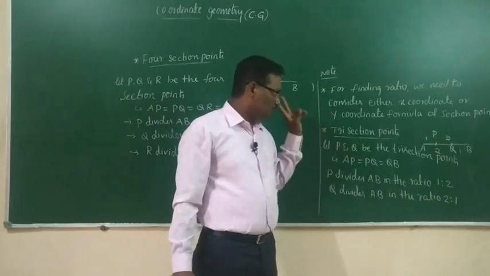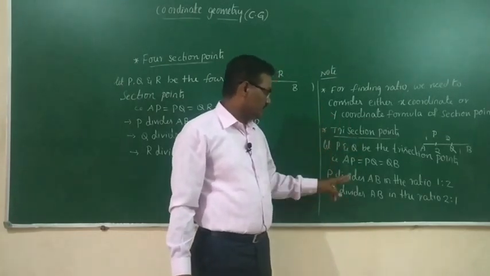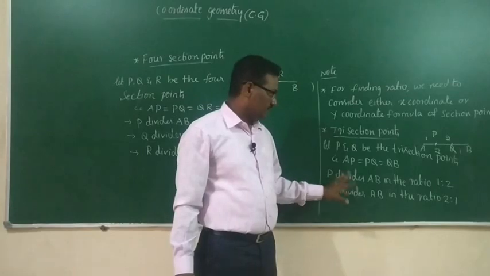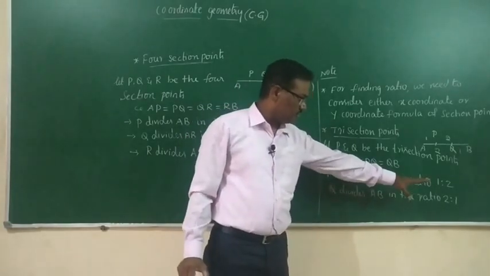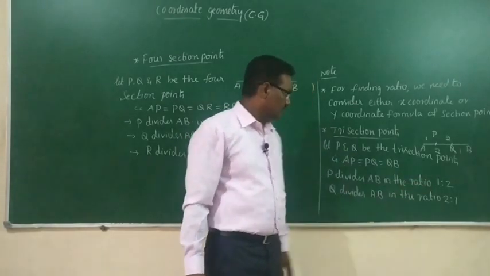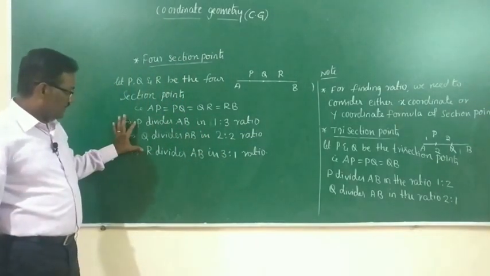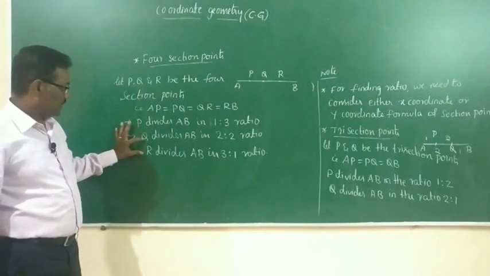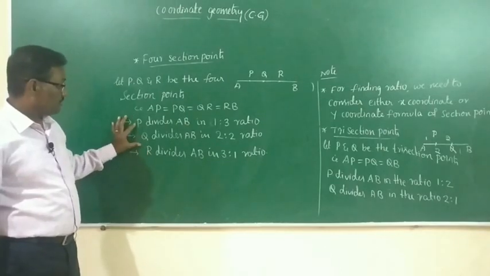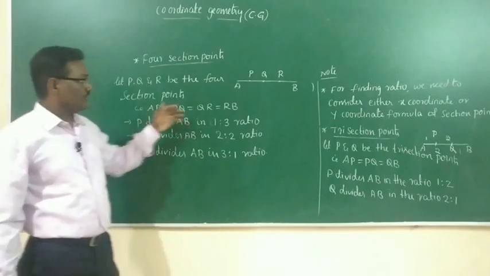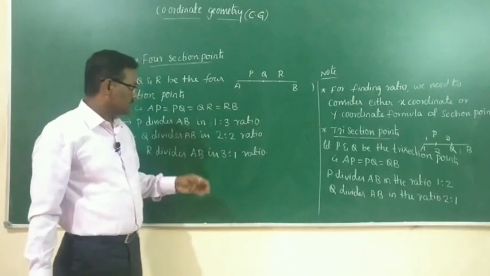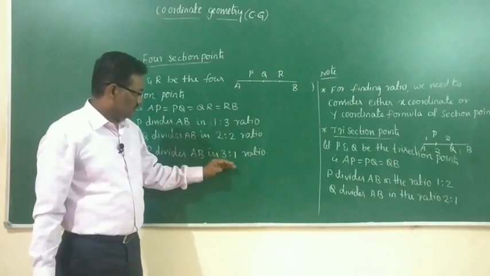Trisection points means there will be 2 points which divide the given line segment in the ratios 1:2 and 2:1. Here, how many four section points are there? 3 four section points, P, Q, R. These are the 3 points which divide the line segment into 4 parts, where we consider the ratios like this.